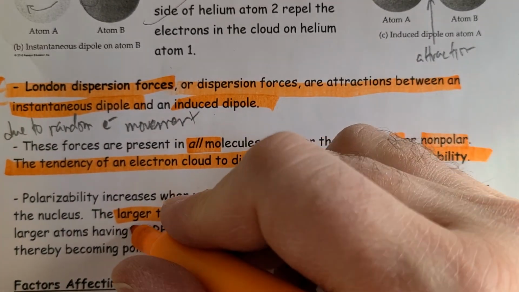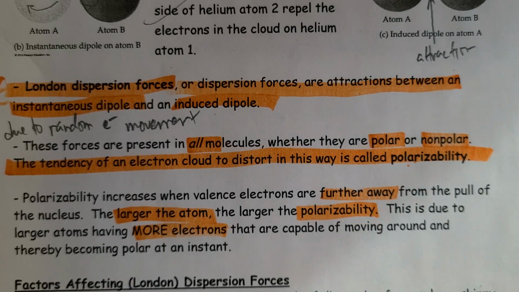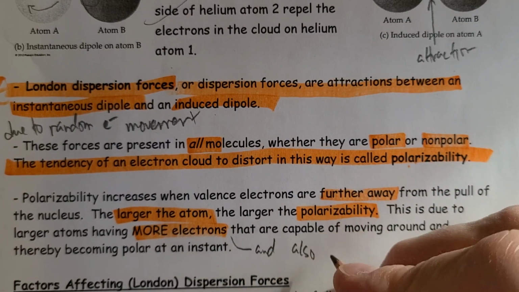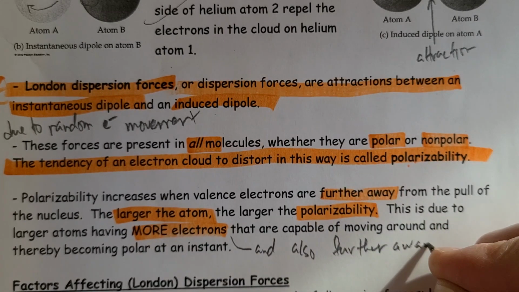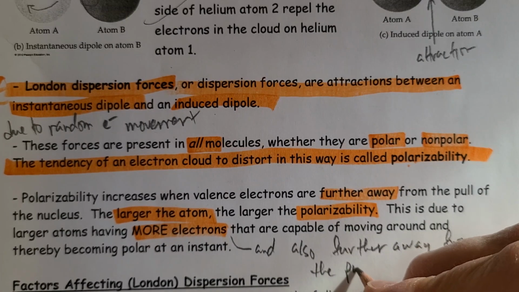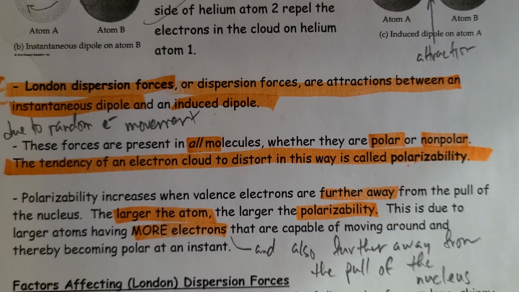So this is due to having more electrons, and also further away from the pole of the nucleus.